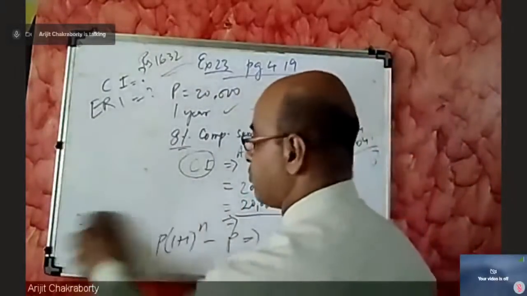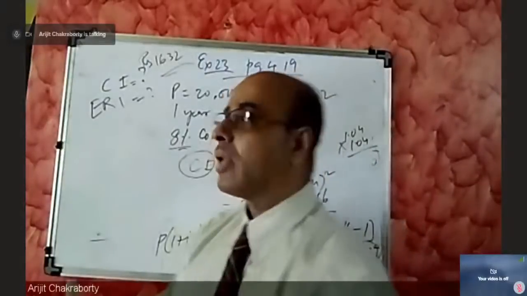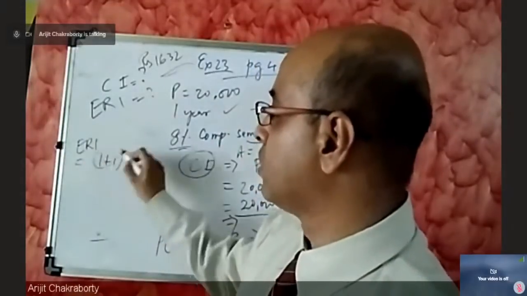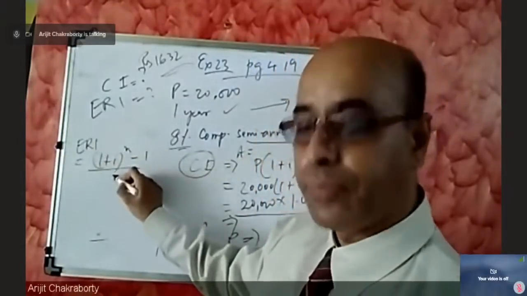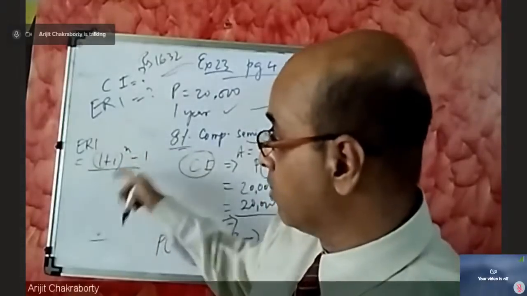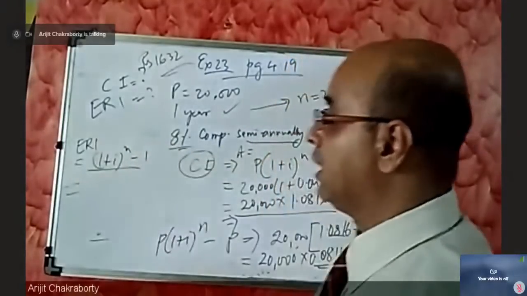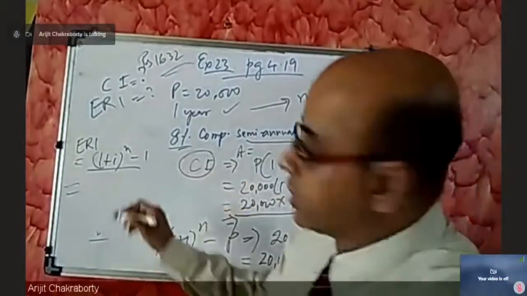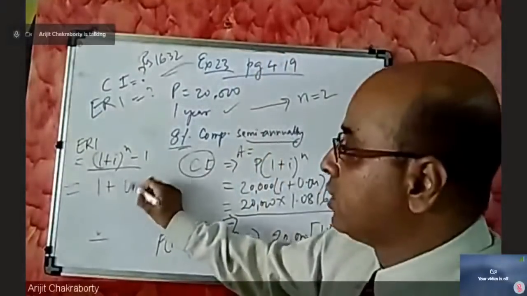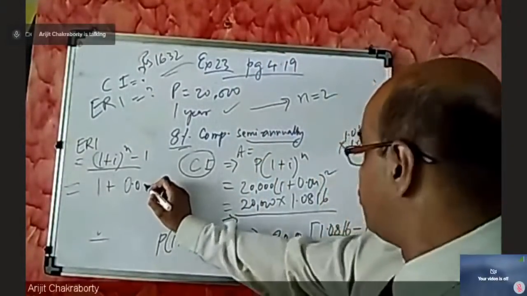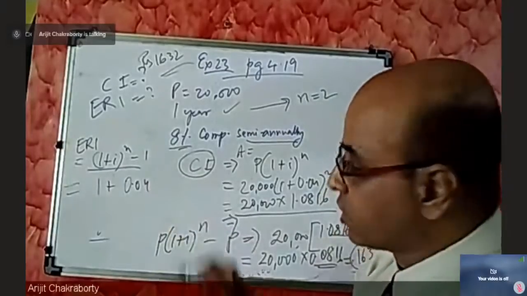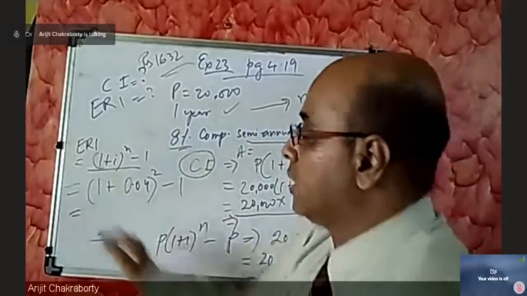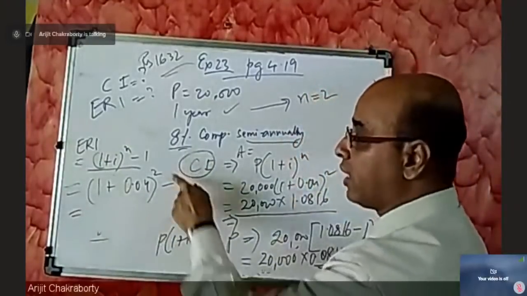The second part is the effective rate of interest, right? So the effective rate of interest is equal to 1 plus I to the power n minus 1. We have already got I. So this is 1 plus 0.04 to the power n, so n is 2, square, minus 1.